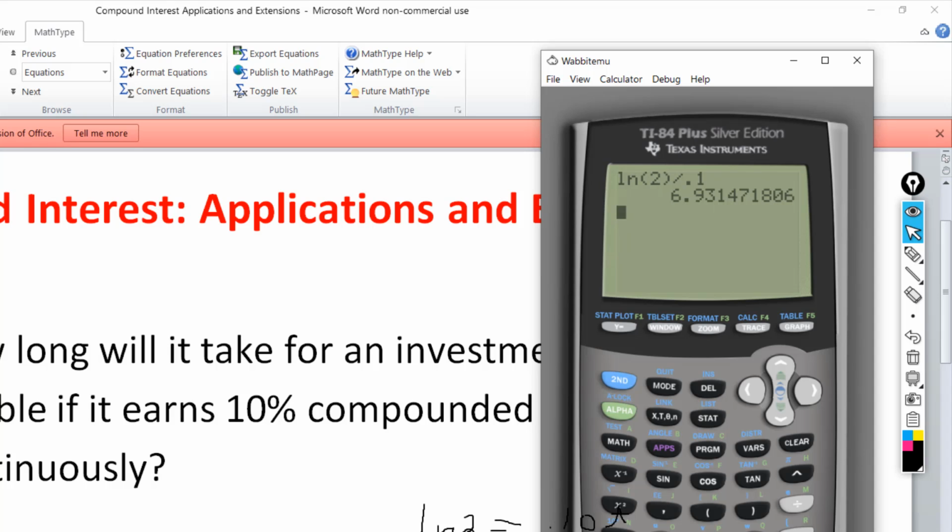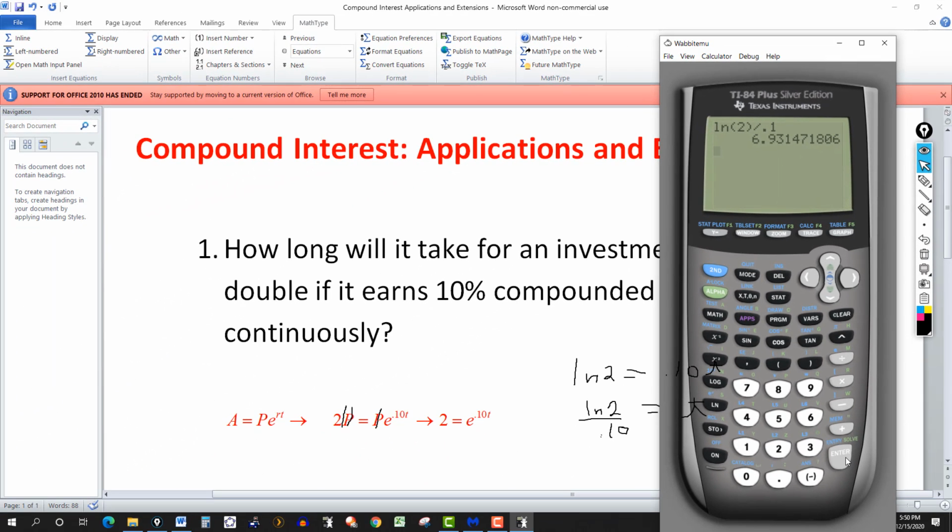And we get 6.93147 and so on. So we can round that off to say 6.93 or 6.9, either way, depending on what they tell you. And that's in years. So if you invest any amount P, no matter what it is, at 10% compounded continuously, in 6.9 or 6.93 years, it will double.